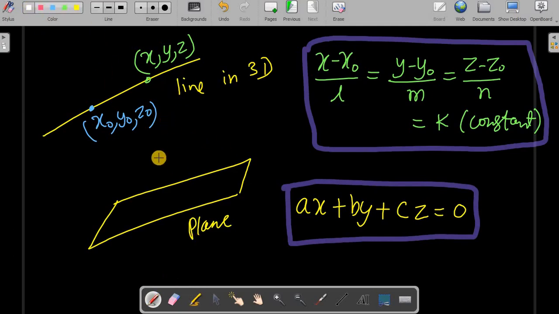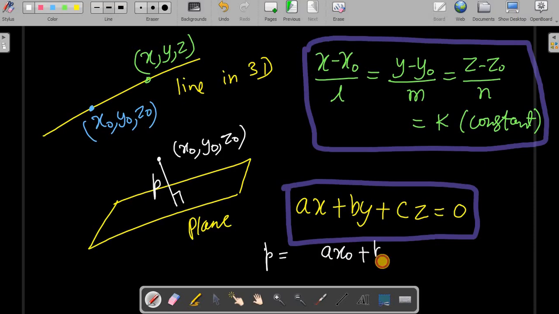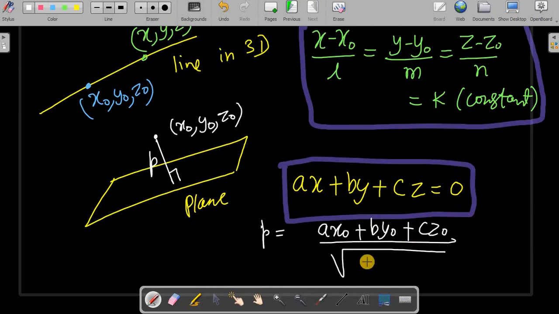And the distance of a point, let's say x0, y0, z0, from a plane, let's say this length is p, can be calculated as ax0 plus by0 plus cz0 divided by the root under a squared plus b squared plus c squared.